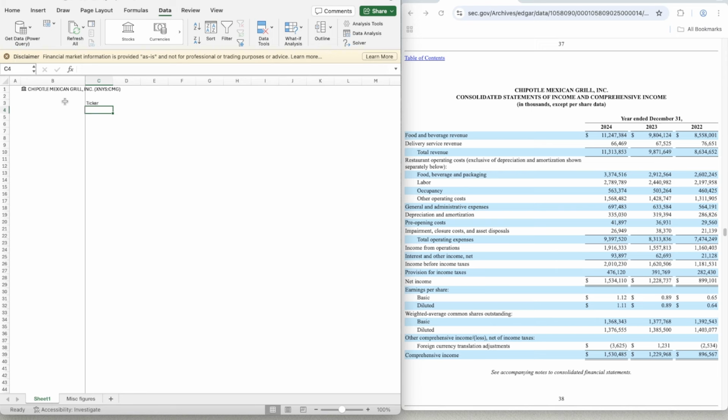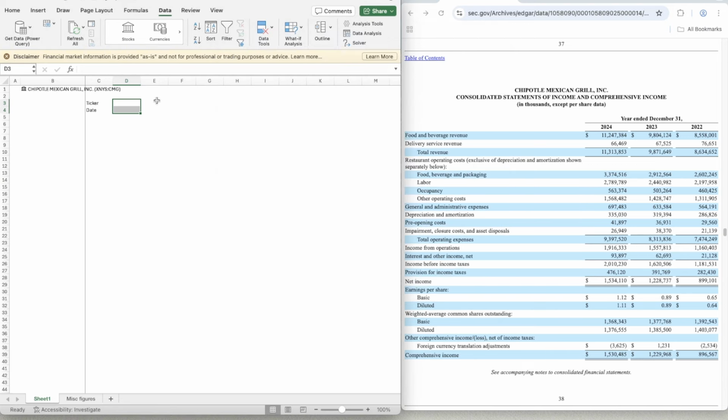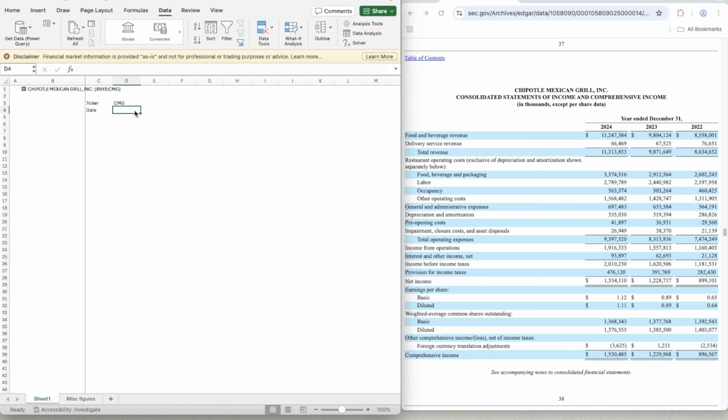And what we want to put here is the ticker, and we want the date, and let's make this a different color. Actually, I know what we need to do first. We want to put the ticker symbol, CMG, and the date is the 29th of the 8th, 2025.